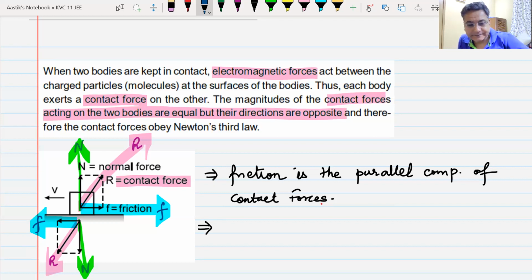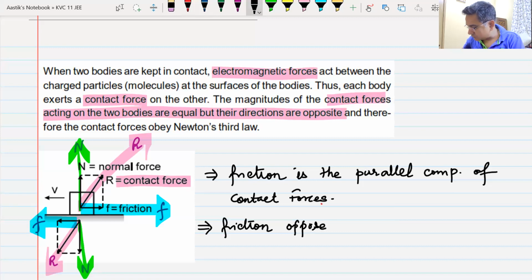What does this friction do? What is the job of this friction force? This friction force or friction opposes.